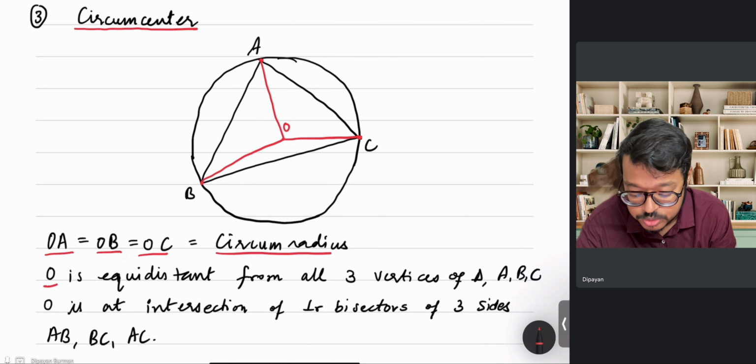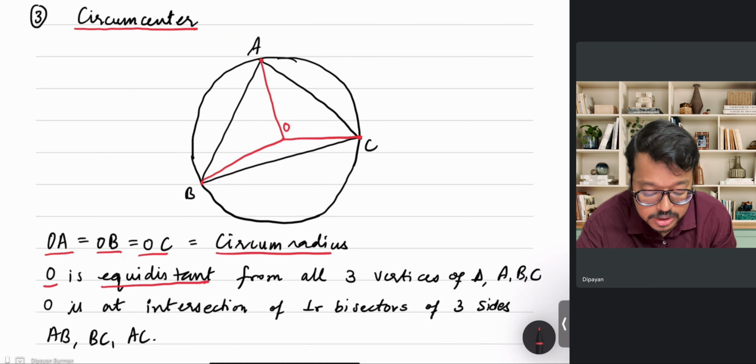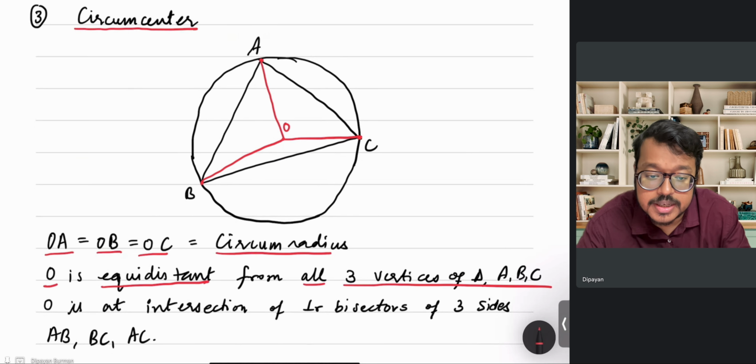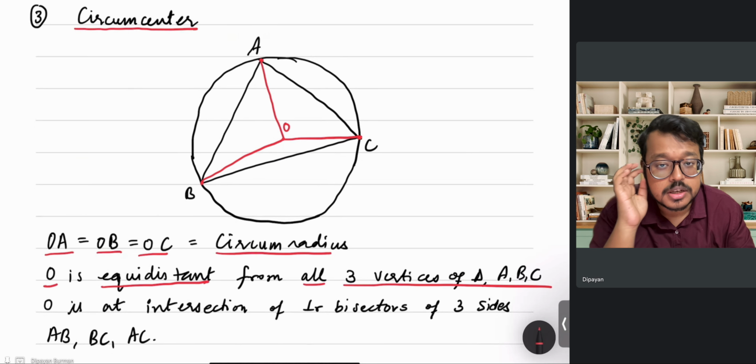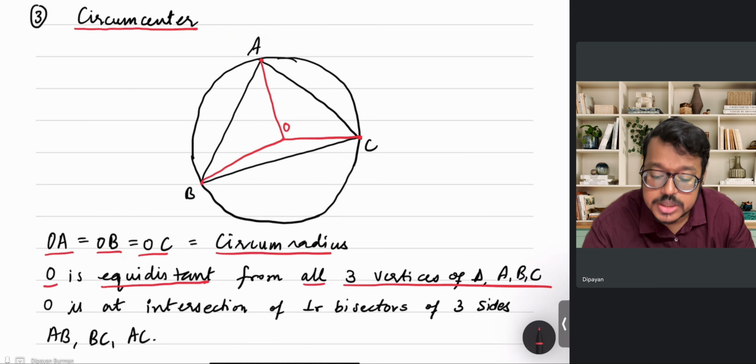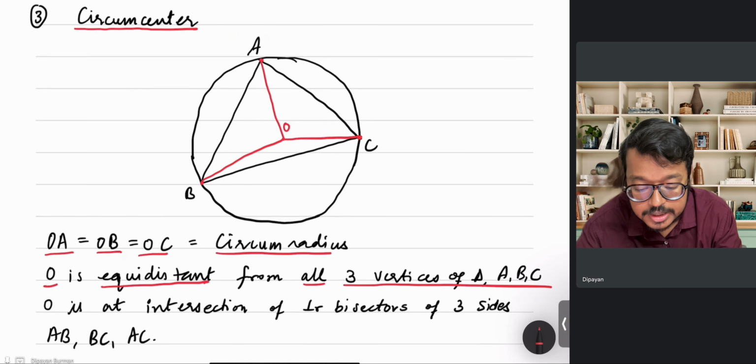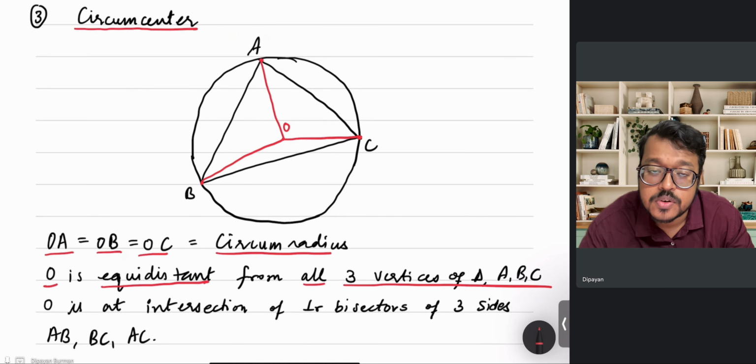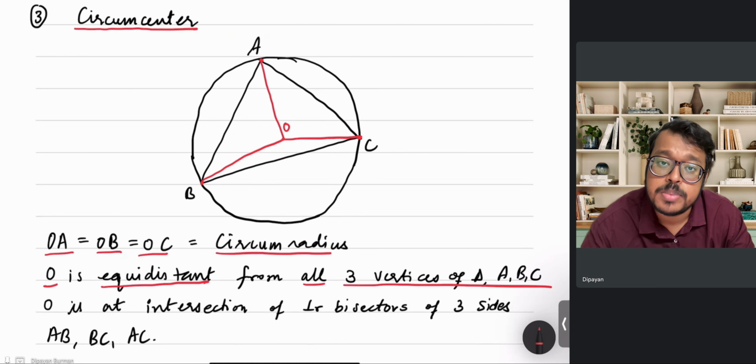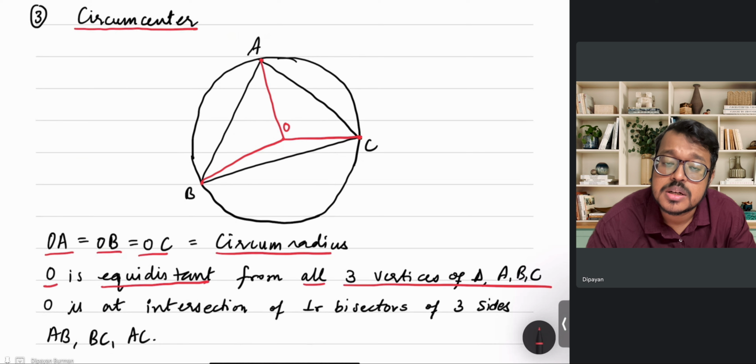Now O is also equidistant from all the three vertices of triangle ABC, and because of that reason, if you remember the locus theorems, any point which is equidistant from two fixed points is going to be on the perpendicular bisector of the line segment joining the fixed points.